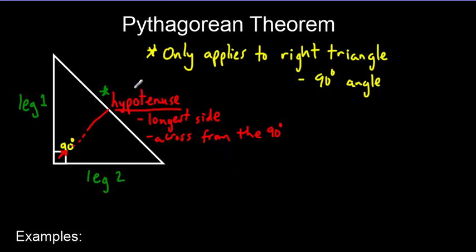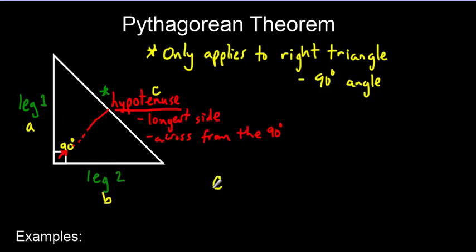Okay, the hypotenuse, this long side, this important side, will always be by itself. I'm sorry, I'm calling this C. We normally call the legs A and B. Doesn't matter which one is A and which one is B. And the hypotenuse we usually call side C.